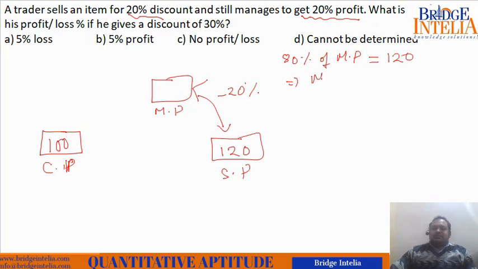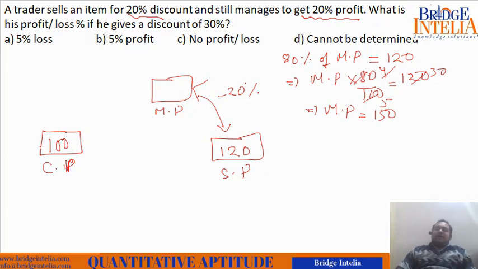So if you solve this, marked price into 80 by 100 is equal to 120. So marked price comes out to be 150. So something which you had bought for 100 was marked at 150.